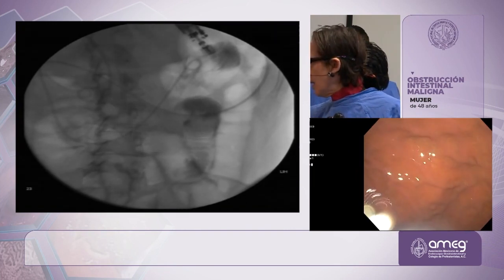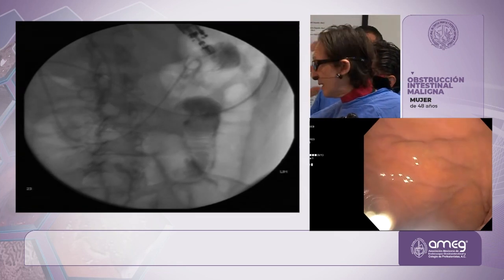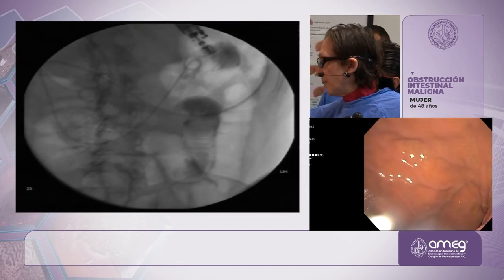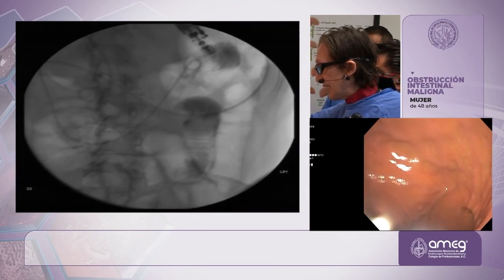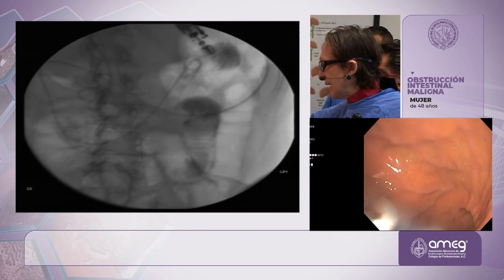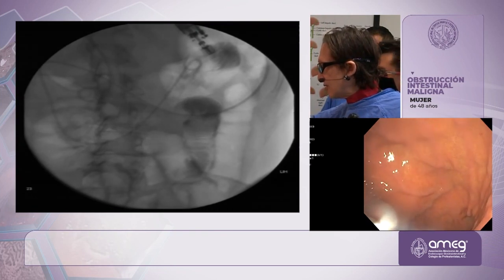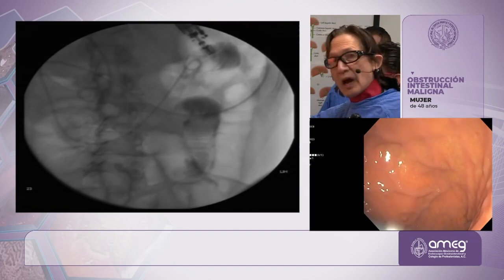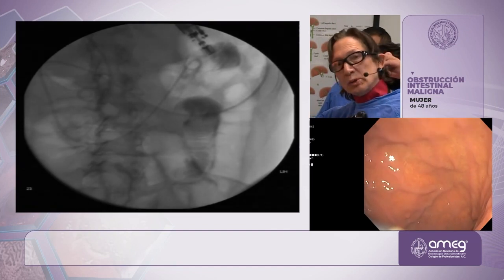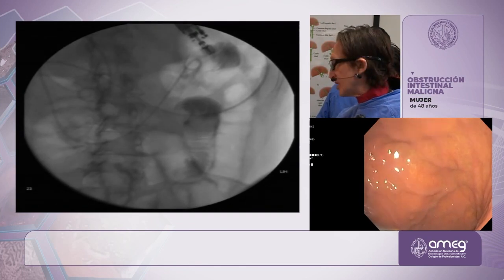It's going along the greater curvature here, antrum, into the bulb, into the second portion. This is where the obstruction is, we think, right? And then down here is the transition to the third portion, fourth portion, ligament of Treitz. That's where the natural suspension is, where the connection is.